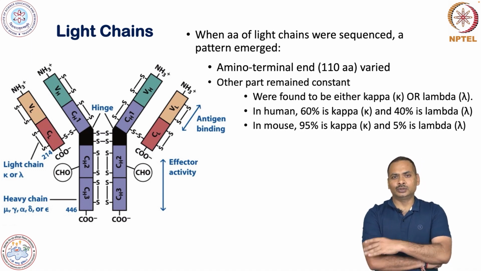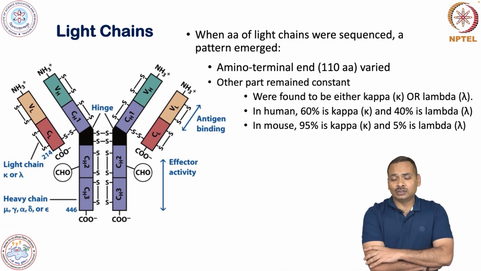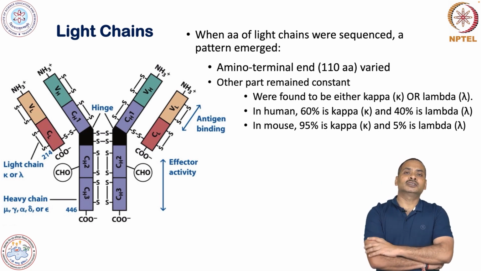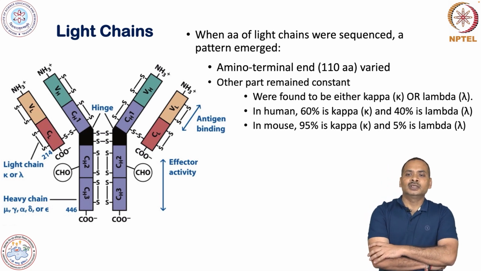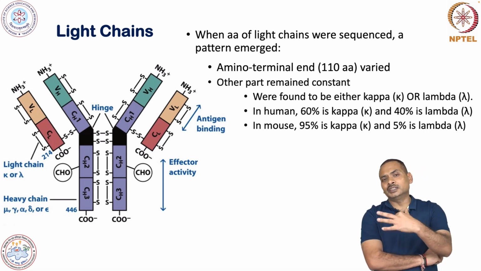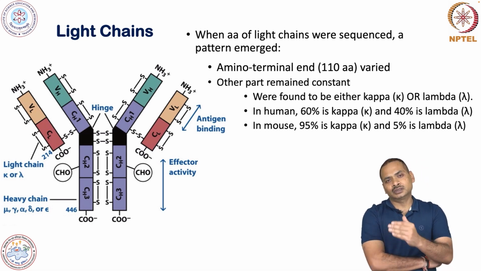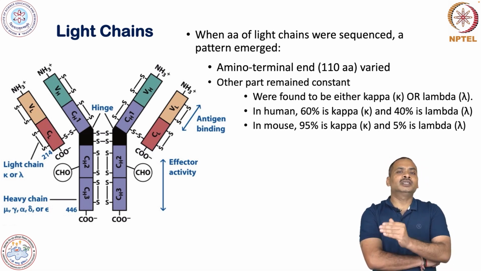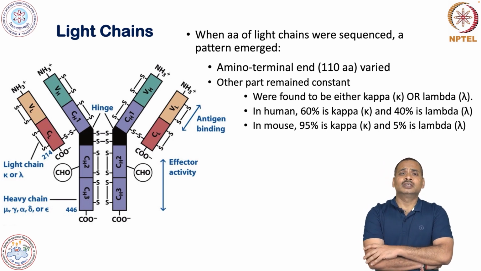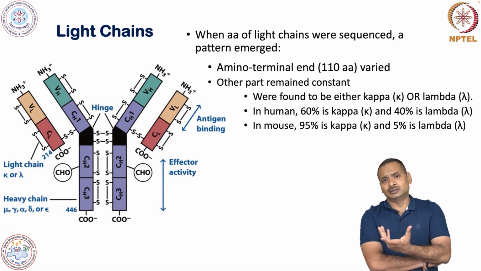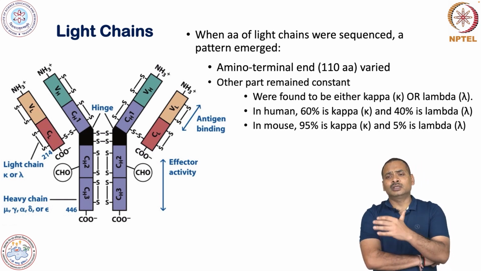Okay, not varying too much, but they found out that there are two kinds of sequences there. Okay, and these two kinds of sequences, which are predominantly present in almost all antibodies that were sequenced, are either kappa type or lambda type.